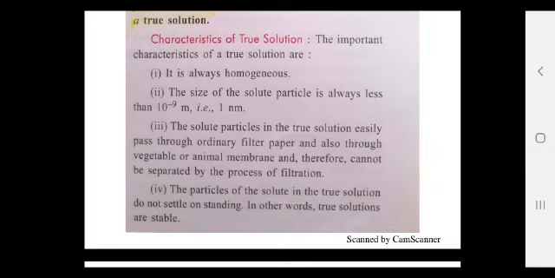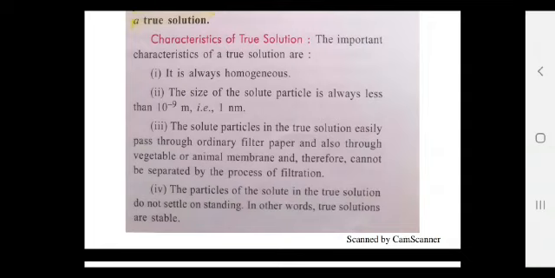Third property: the solute particles in a true solution easily pass through filter paper and through any vegetable and animal membrane. That's why it cannot be separated by filtration. Like when we pass a solution in which sugar or salt is dissolved through filter paper, it does not leave any residue.